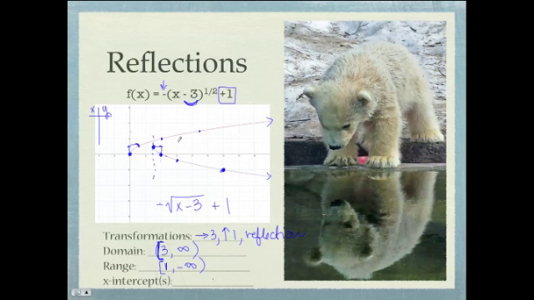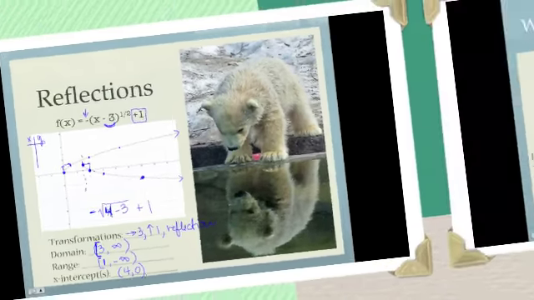The x-intercept I can see right here is (4, 0). If I put 4 in for my x, I would get 4 minus 3 is 1. The square root of 1 is 1. And then I'm taking the negative of it, so negative 1 plus 1 is 0. And that is the reflection of a square root.